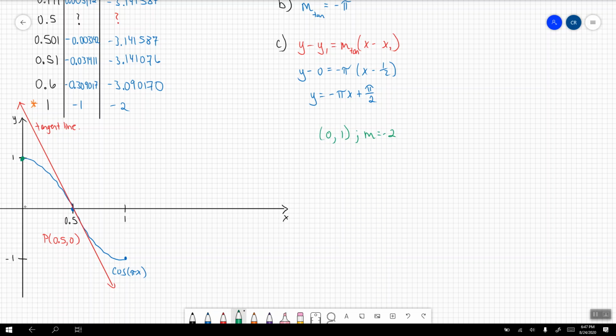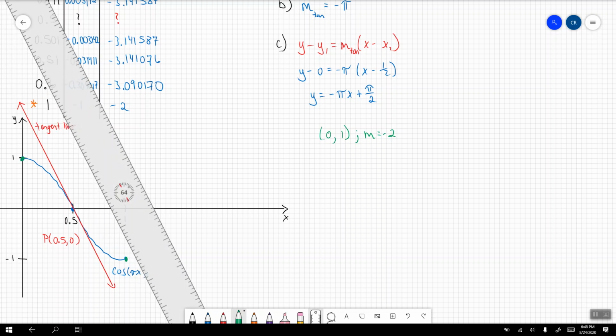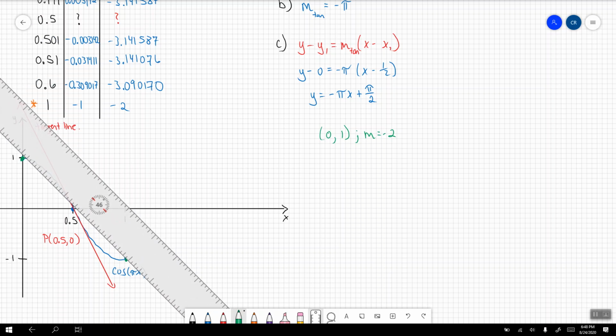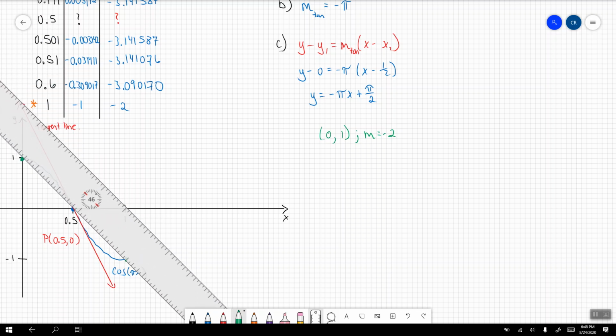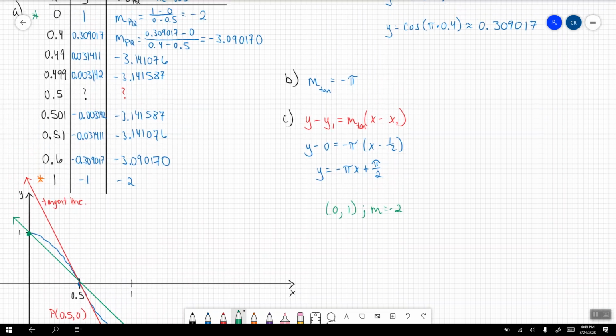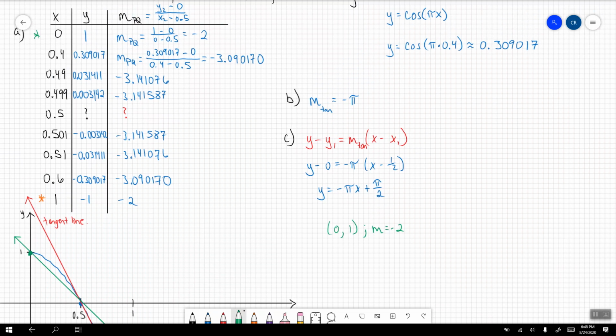So I go down 2, and then over 1. There we are. So this is that secant equation that we have where it goes through the point 0, 1.